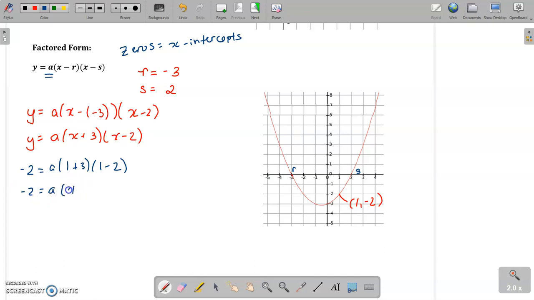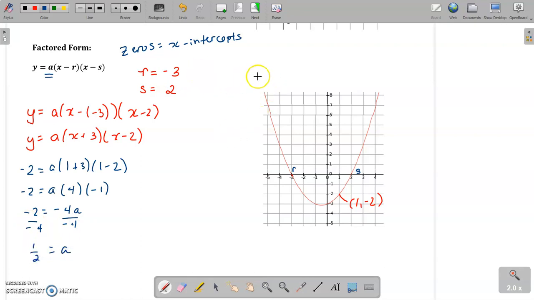So we have 4 times -1. So then we have -2 equals -4a. Divide both sides by -4. So then we have 1/2 is equal to a.